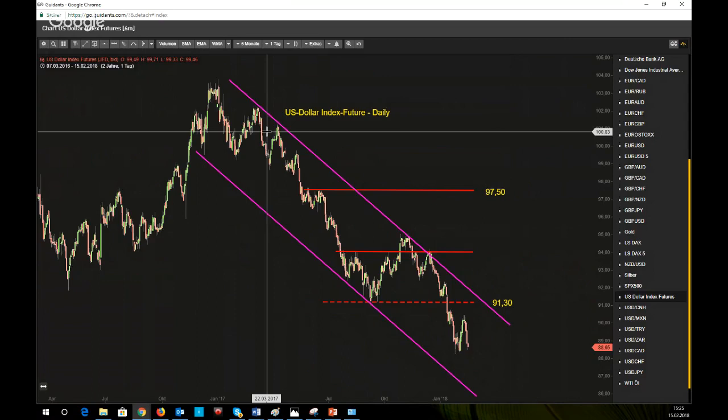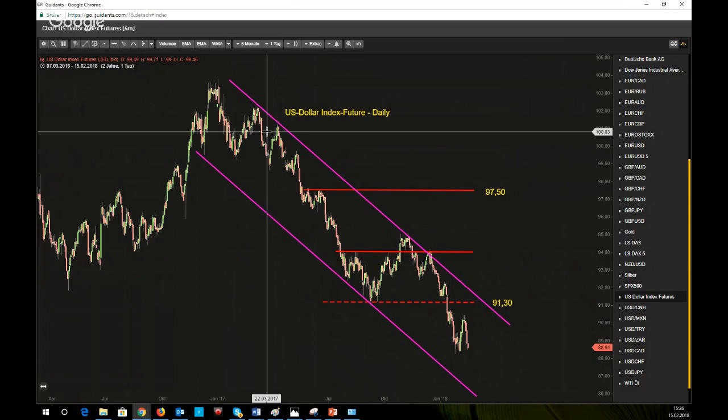So if there is the statement coming out then in March and the Fed hikes rates by 25 basis points, and there is a communication which indicates that there will be probably one further hike in 2018, this is, in fact, currently, when you look at what the market is expecting, super dovish and should result in the US dollar staying under pressure.